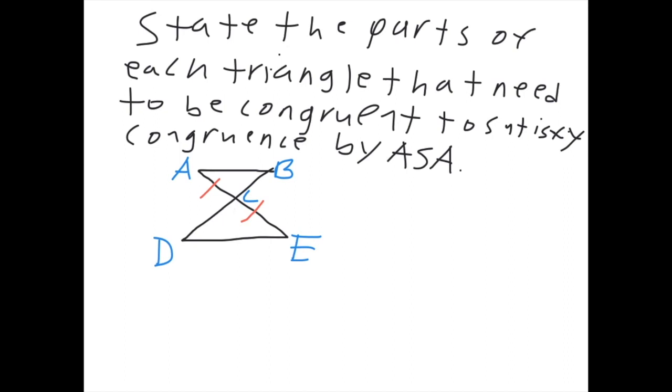So we have an angle that's congruent, and we have a side that's congruent. So an angle and a side, we need a third angle. And it has to be the other angle that is touching the side in the middle. So if an angle here and a side here, the other angle this side is touching is this one right here, angle E.